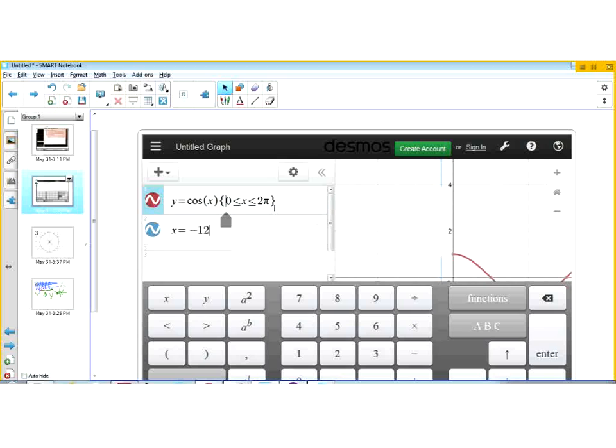So let me go ahead and, okay, it'll be shown in blue. Now, let's just do free range cosine.